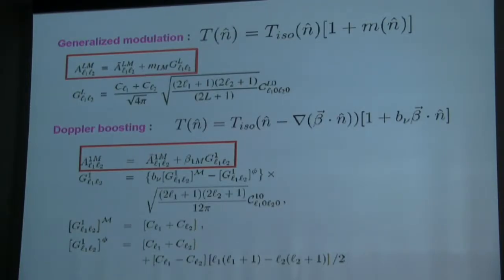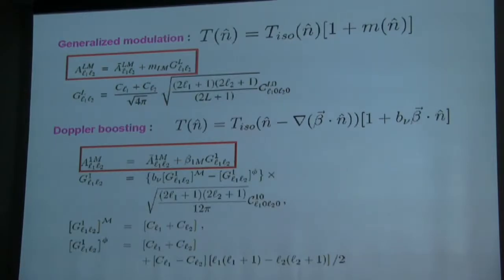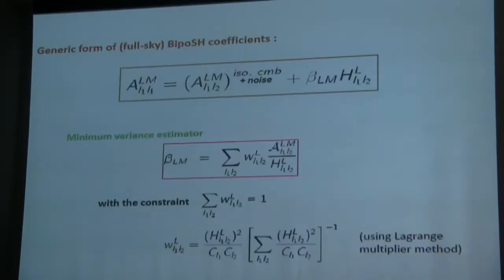So this G is called the shape function, just the terminology, and this M_LM is the modulation field. Similarly, if you have a Doppler boosting, it has a similar form, but now the isotropy violating field is your dipole field due to boosting, and you have a corresponding shape function. If you compare these two forms, you have a generalized form for any isotropy violating phenomena.